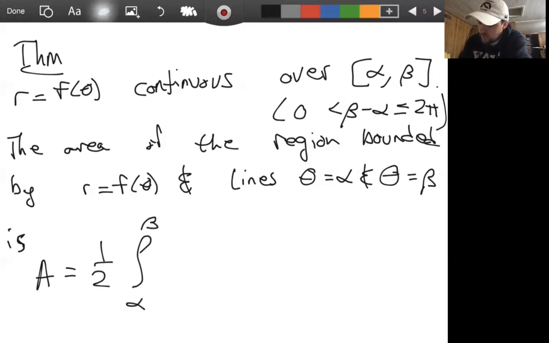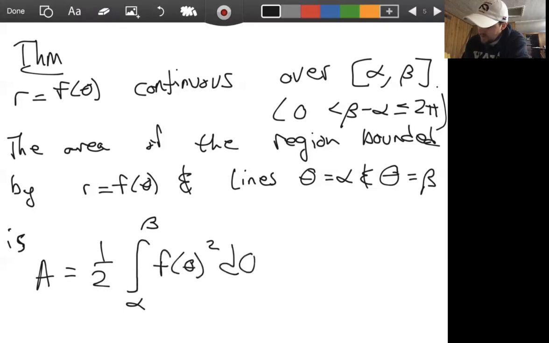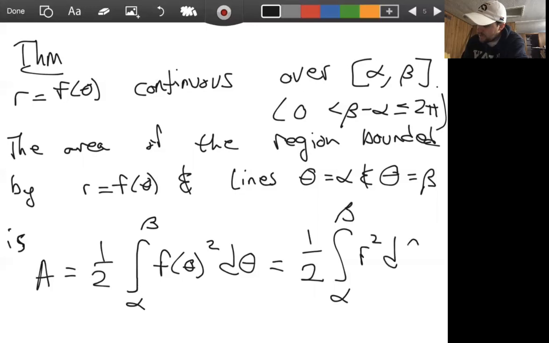1/2 integral from alpha to beta, f of theta squared d theta, or if you'd like to write it in a slightly more concise way, this is 1/2 integral from alpha to beta r squared d theta, because we know f of theta is just r.